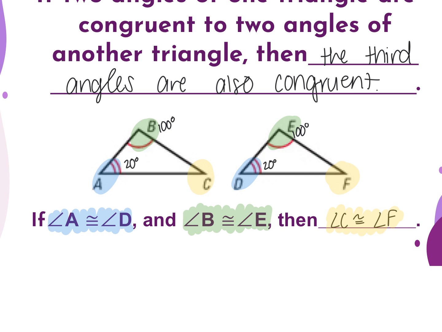Yes, 60. Good. I have to have a total of 180 degrees. So if this was 60, this one would also have to be 60. I'm giving you an example with measurements to show you that the third angle will always be congruent if the other two are also congruent.